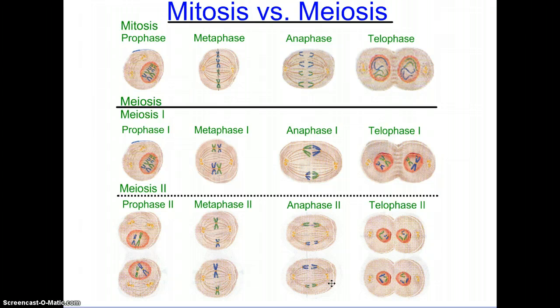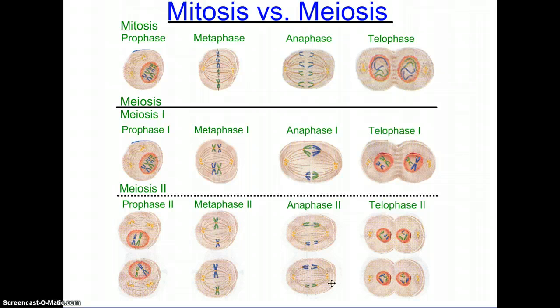Let's say it that way. 23 in each cell. How many pairs are we going to have? None. How many pairs does a human cell have normally? 23 pairs. Here now we're going to have 23 individuals.